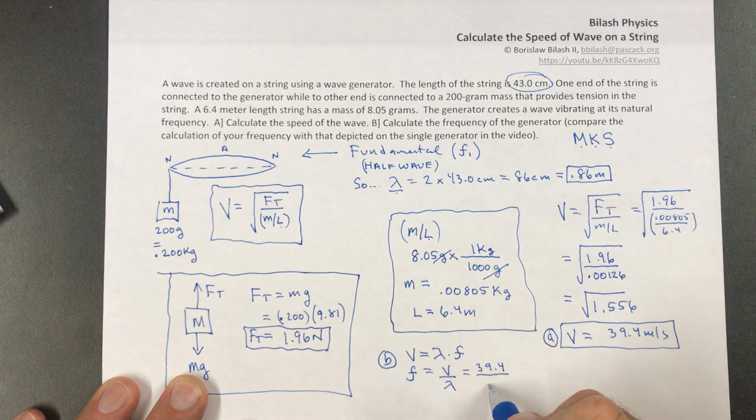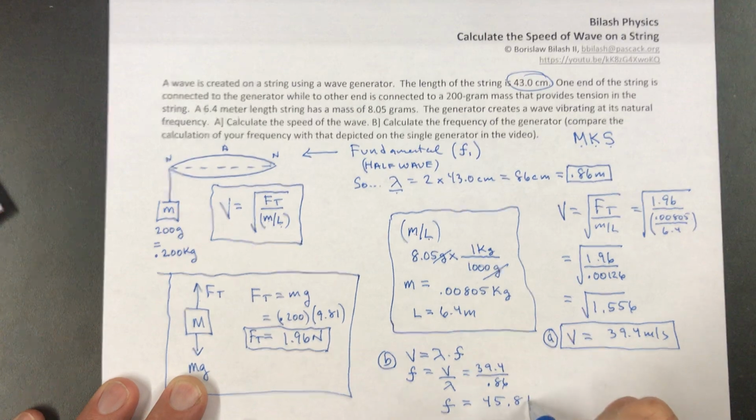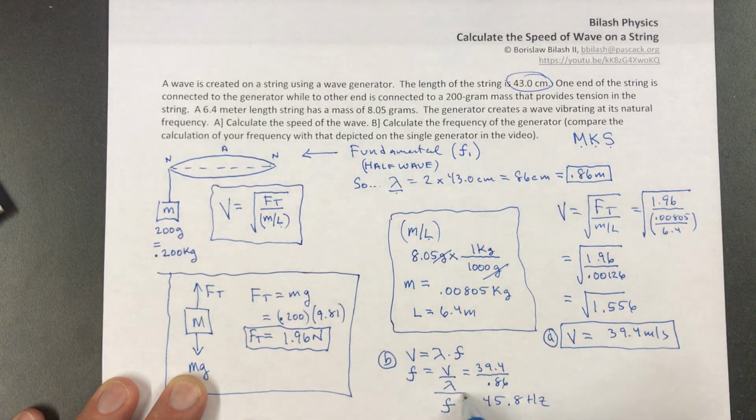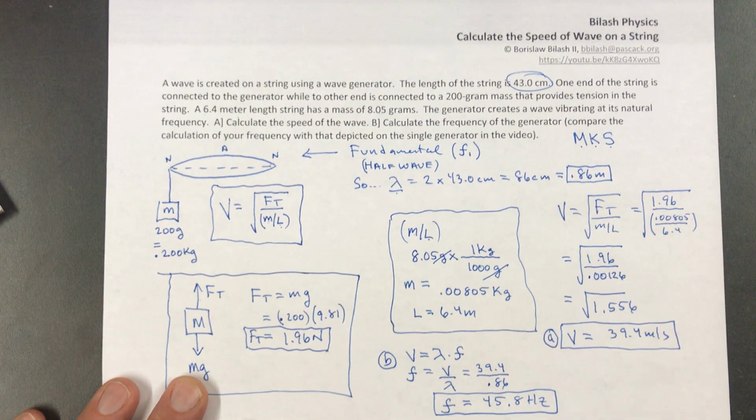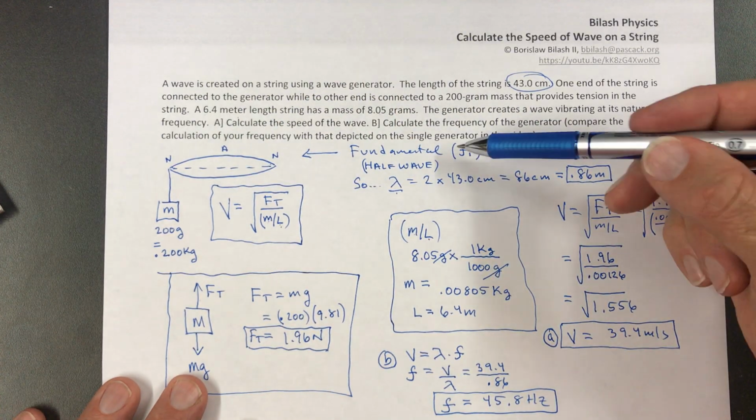That's 0.86. So the frequency is equal to 45.8 hertz. And if you look on the video again, you'll see that I dialed in a frequency of 46 to create the standing wave at its fundamental.